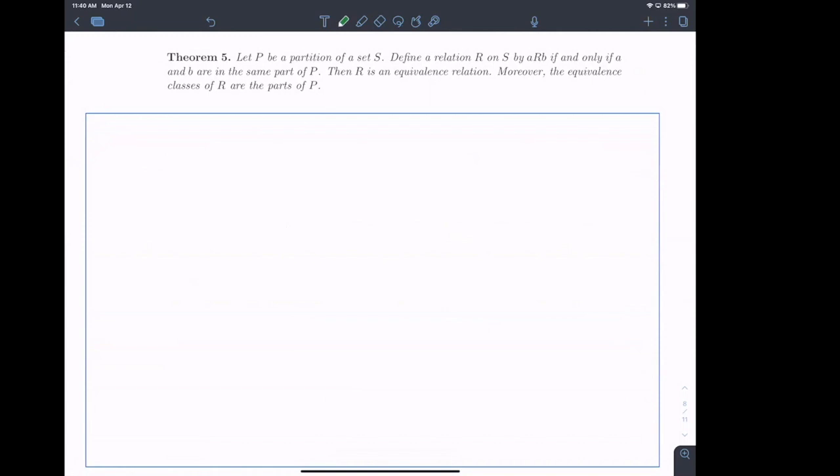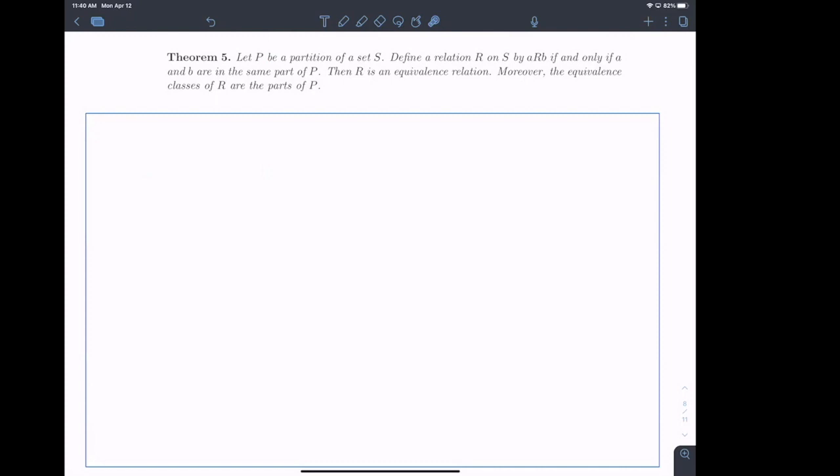So now what we're going to do is say, okay, let's start with a partition. Why is that going to give us a relation? We're going to define from a partition a relation R to say that two things are related to each other if they are in the same part. And so the claim here is, let's prove that this is an equivalence relation.